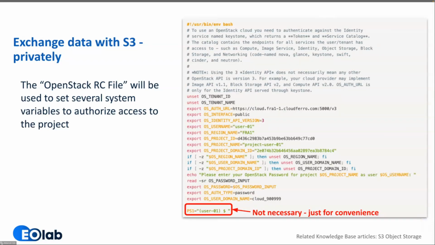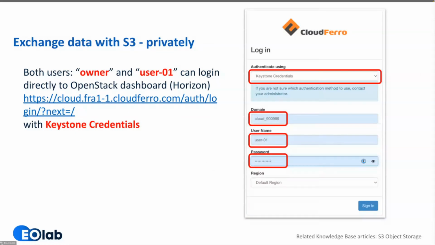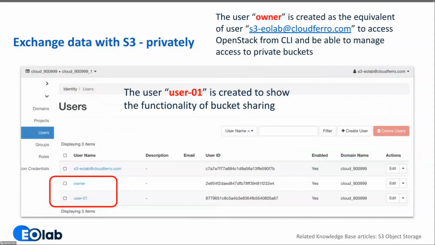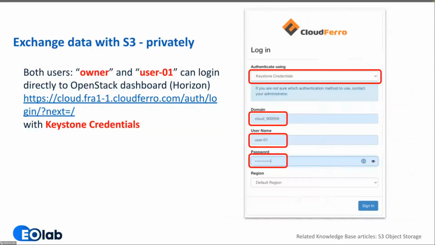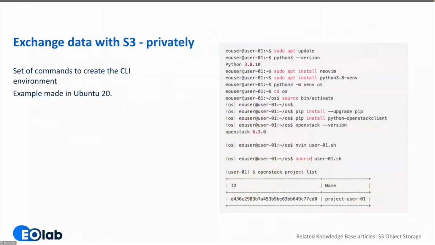By the way, if you log in with the main user, with the previous user, this Esprit EOLab, this RC file is much different, and it doesn't allow you to log into CLI. So this is why you have to create another user. So after that, you need to invoke a set of several commands like updating.